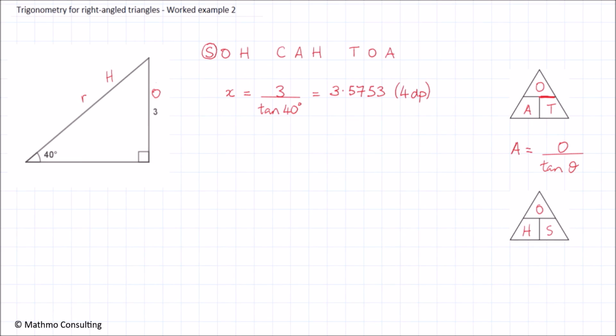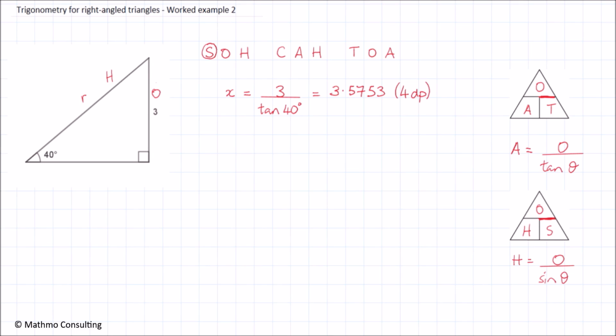So again, this helper triangle tells us that we need to divide the opposite side by sine of the angle. So I'll just write that here. H is equal to O divided by sine of the angle.